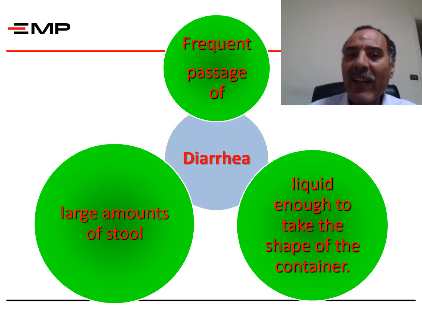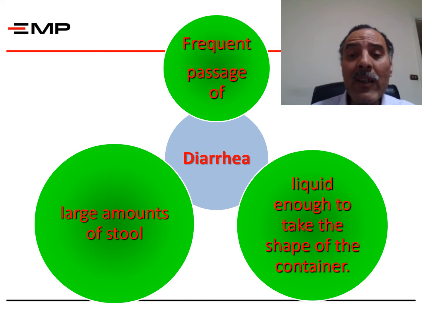So let us define diarrhea. In fact, although it is easy in teaching, in practical situations, it may vary. So you'll find the definition in 3 items. It should be frequent passage of liquid stool.